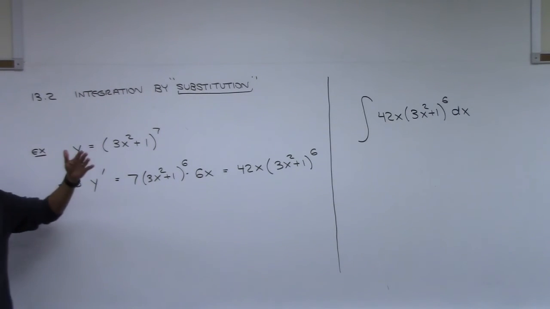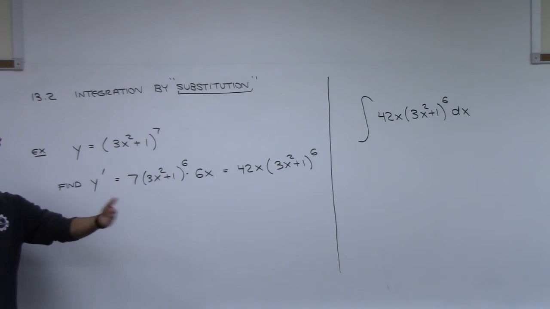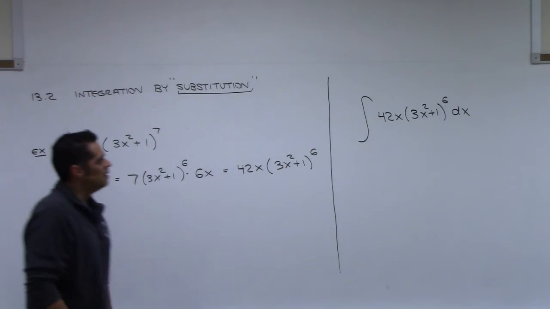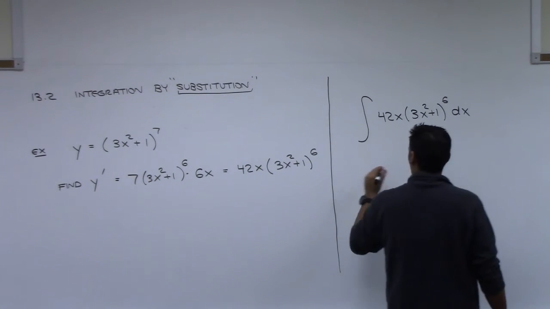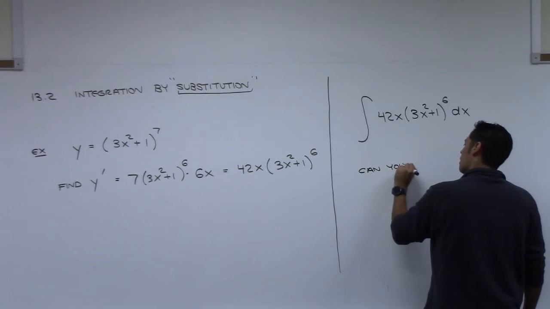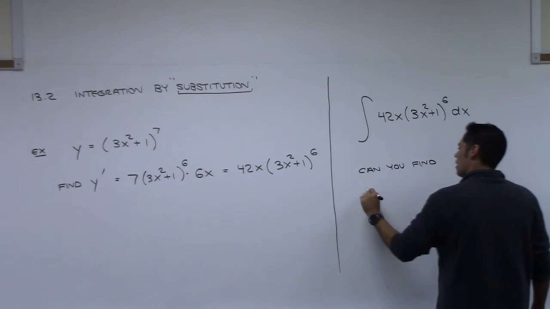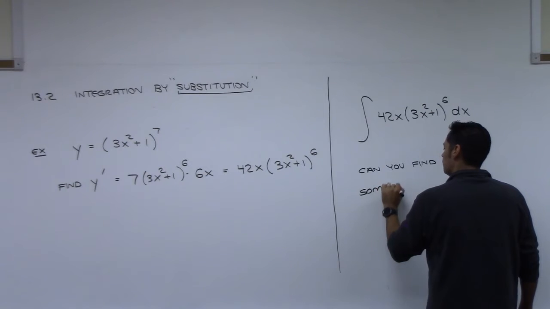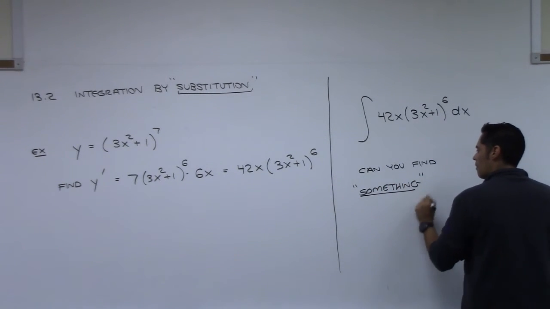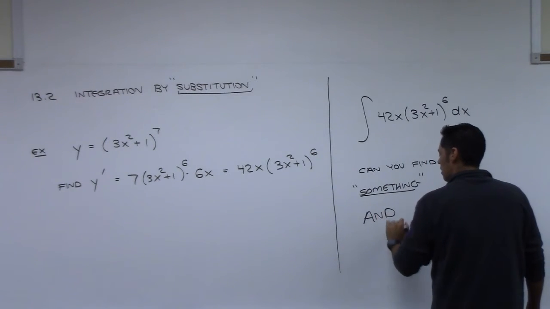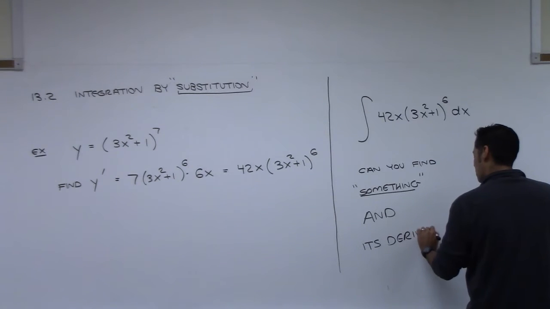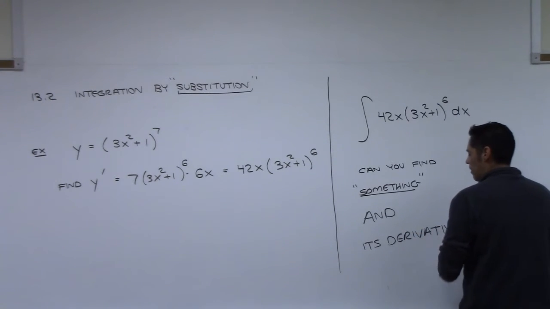So most of the time in math, we give you formulas, and then you just use the formula. But this is one of those things where you just have to try something. So here's what I want you to do. I want you to see, can you find something in here and its derivative? What the hell is he talking about?